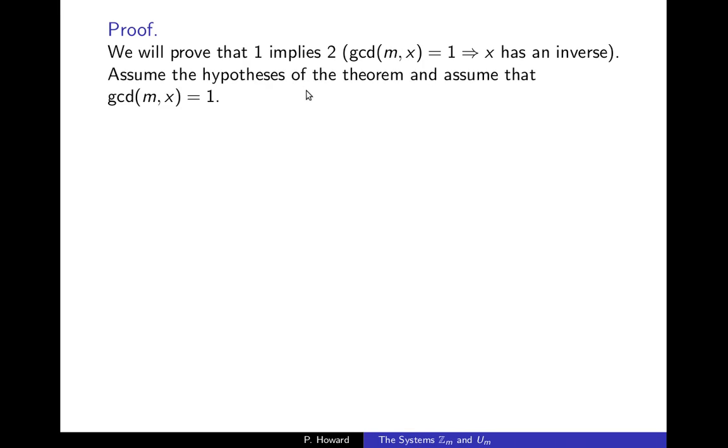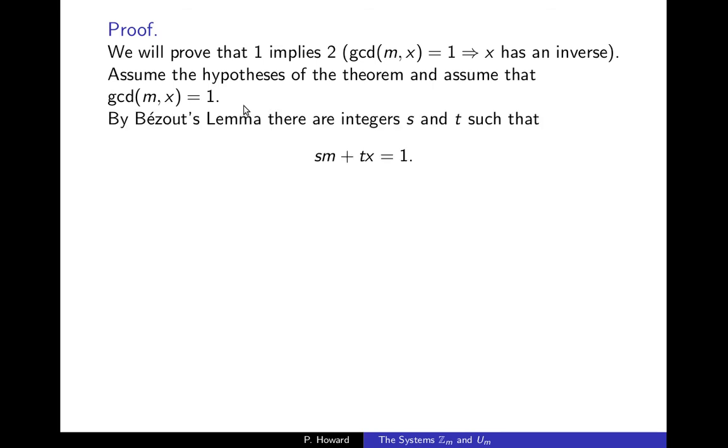So we're assuming the hypotheses: m and x are integers, m is greater than or equal to 2, and the greatest common divisor of m and x is 1. And we use Bézout's lemma to get integers s and t, such that s times m plus t times x is 1.